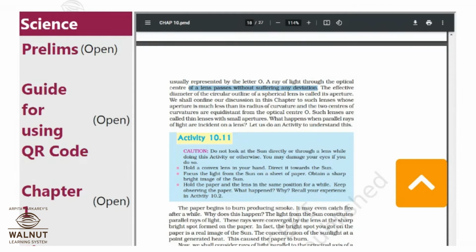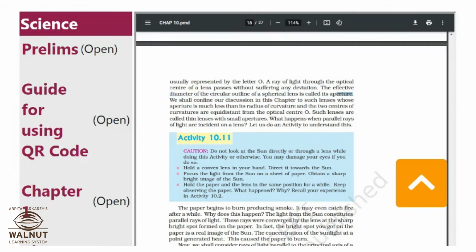In case of concave lenses, the light rays bend and diverge. But the light rays which pass through the center of the lens will not suffer any deviation. They will just pass in a straight line.